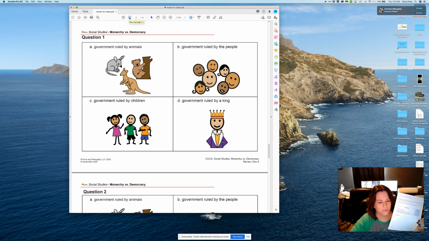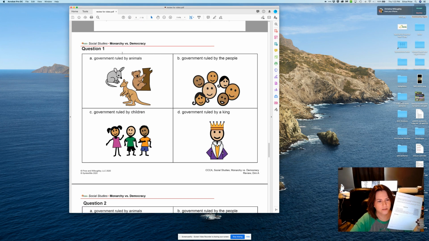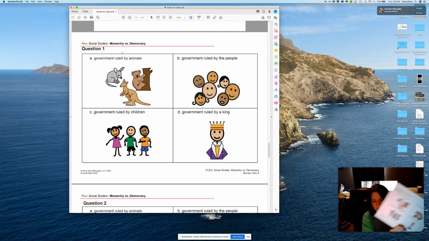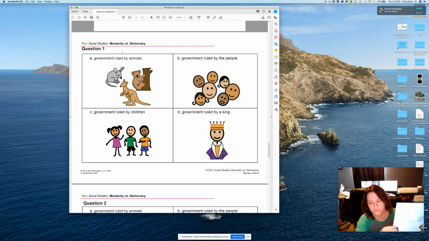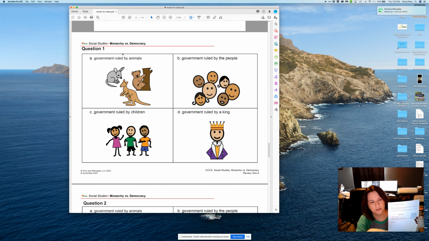So here's the first set of questions. Question number 1 says, what is a monarchy? Now you need to write this down, or if you have this printed out, then you can just circle it. So, question number 1, what is a monarchy?